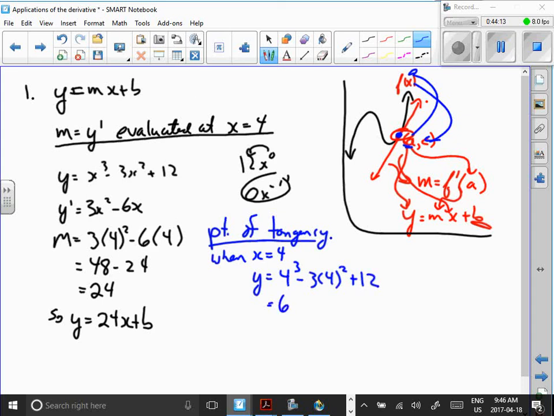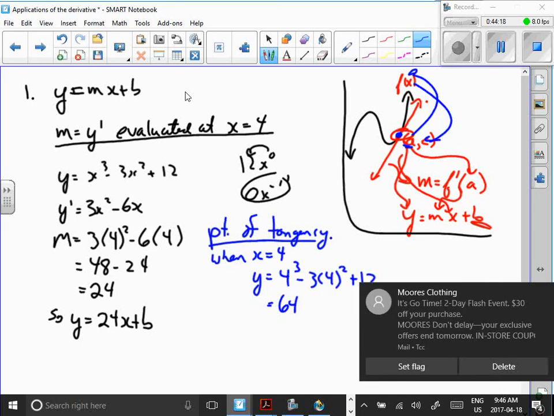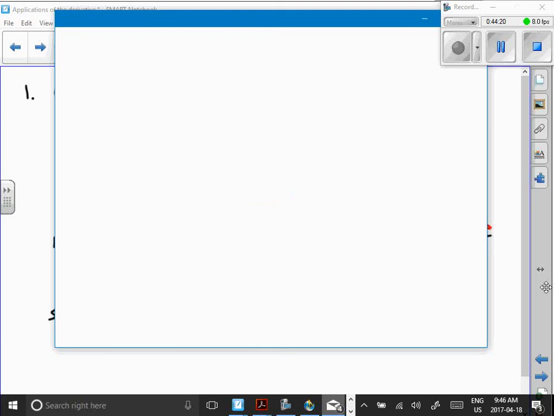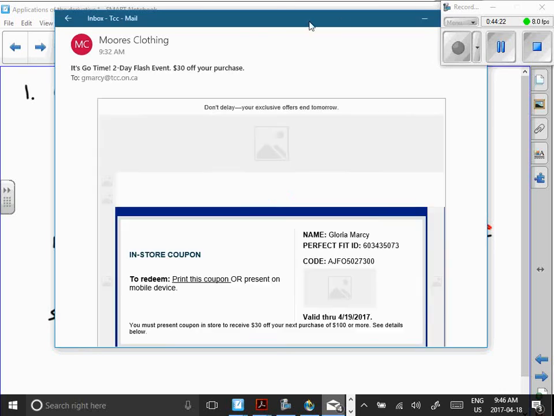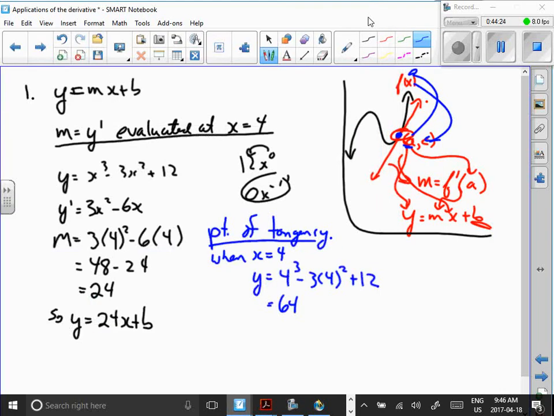Okay, 64. 3 times 4 squared, we just did. We don't want that. Okay. 3 times 4 squared is negative 48 plus 12. 28? Is that right? I'm pretty sure it's 28. It's 28.